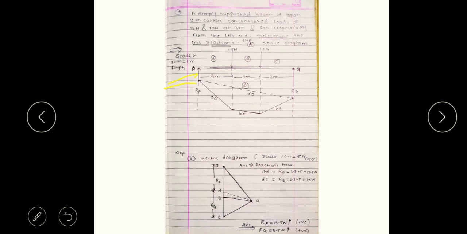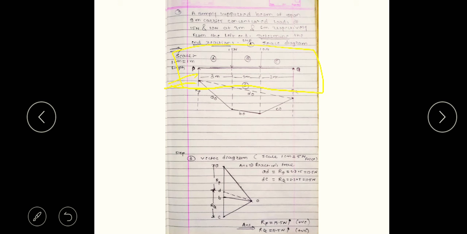Draw the proper diagram by using the scale, and finally you will get this kind of diagram. The upper half portion you will get from the numerical.